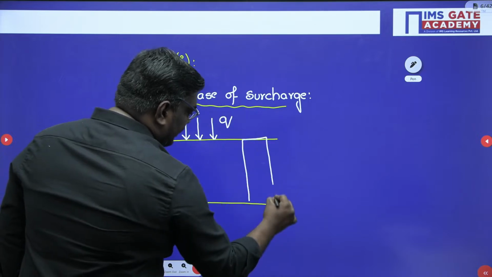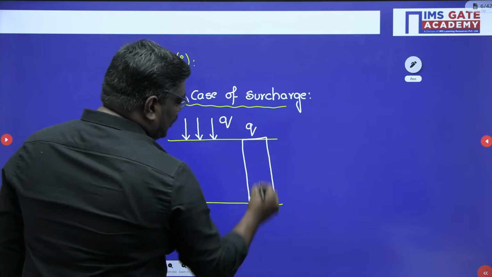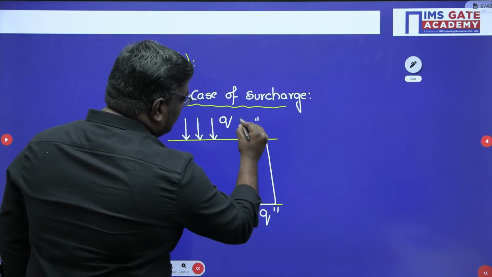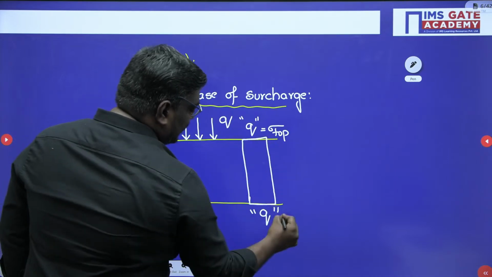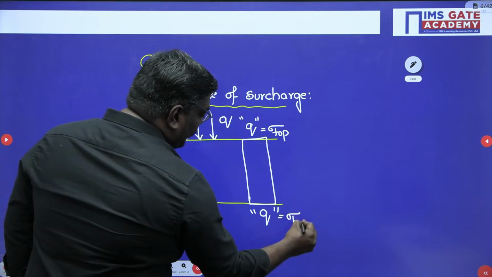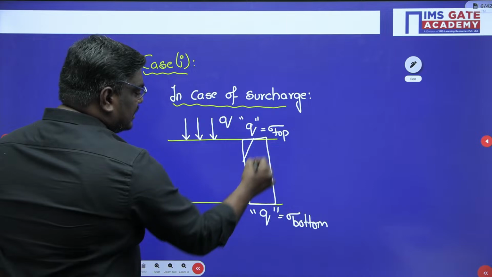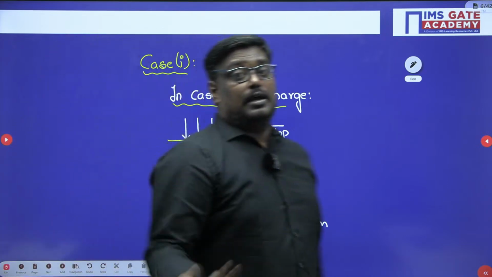You can say if I consider total stress distribution, the total stress will be Q at top and also Q at bottom. So stress at the top is Q and stress at bottom is also Q. From this, what you can understand is that it varies in a rectangular variation.